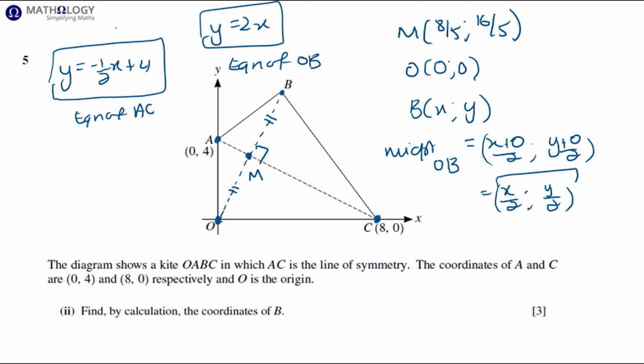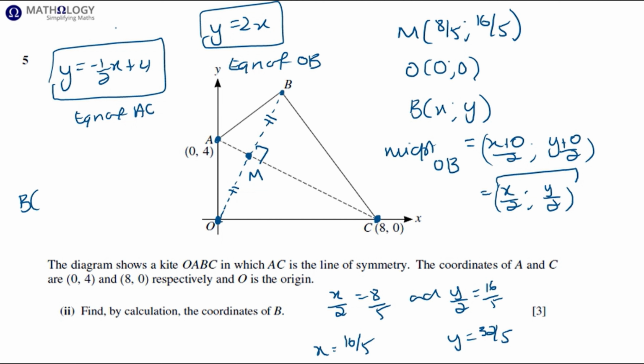Now this point represents the point M. So in other words, x over 2 equals 8 over 5. X will be 16 over 5, and y over 2 equals 16 over 5. Y equals 32 over 5. B is therefore the point 16 over 5, 32 over 5.